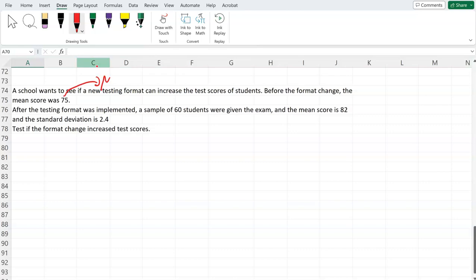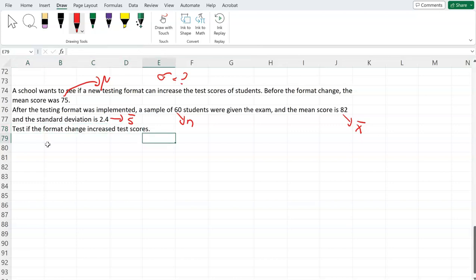I don't have the population standard deviation given to me, but I have n, I have x bar, which is the sample mean, and I have s, which is the sample standard deviation. So let's test if the format change increased test scores.